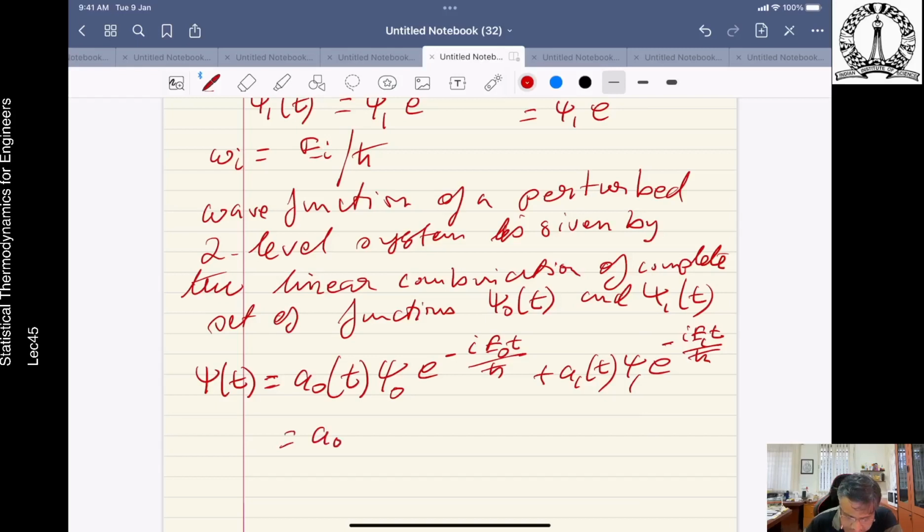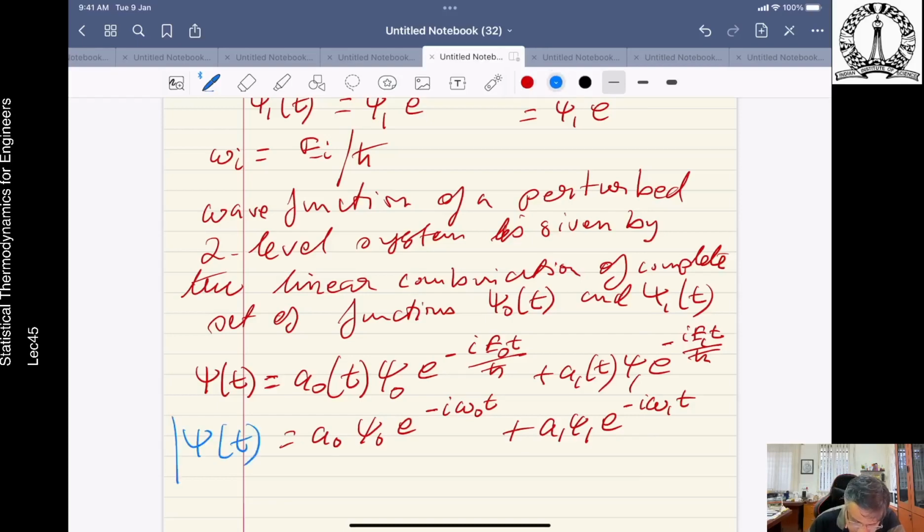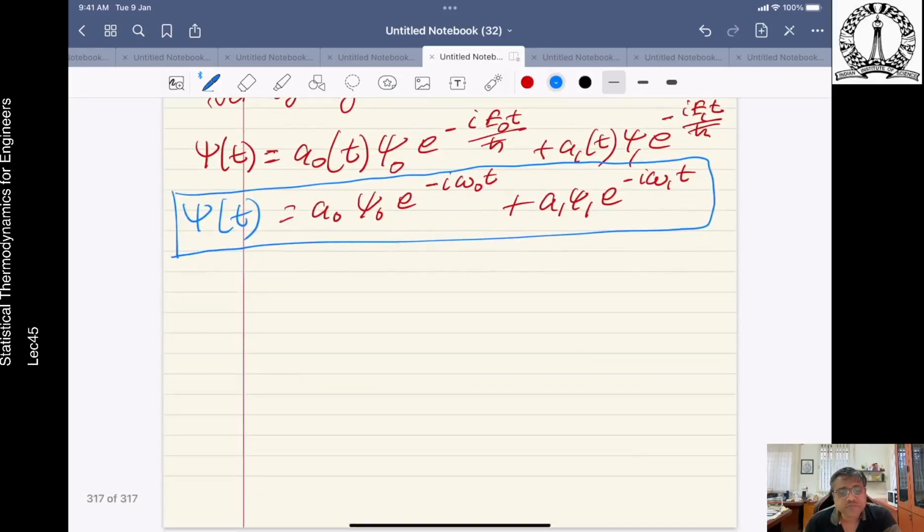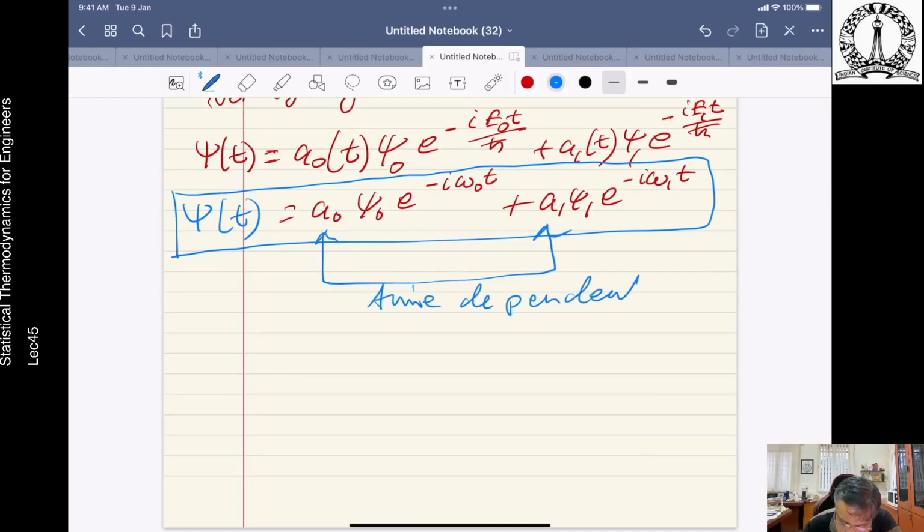So in short it can be written as a0 ψ0 e to the minus i ω0 t plus a1 ψ1 e to the minus i ω1 t. Okay, so this is the complete wave function. These are the time-dependent coefficients, a0 and a1. These are called the time-dependent coefficients.